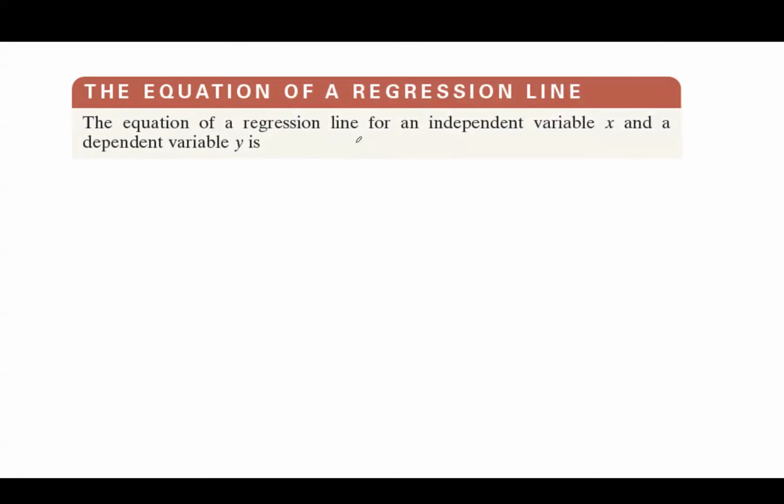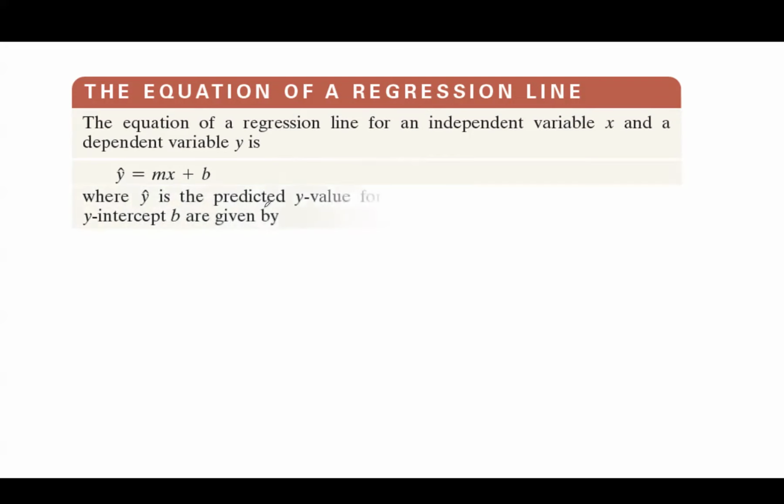The equation of a regression line for an independent variable x and a dependent variable y is denoted by y hat equals mx plus b. y hat is the predicted y value for a given x value. The slope is denoted by m, and the y-intercept is denoted by b.